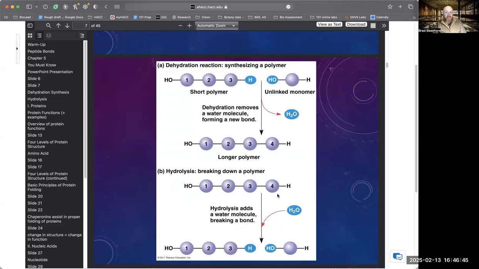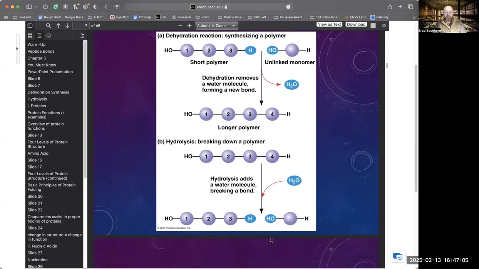And here we can see that reaction with the H and the OH forming H2O, freeing up these two covalent bonds to join together. And then here's the hydrolysis reaction, breaking that bond, adding a water, an H goes to one side and OH goes to the other.